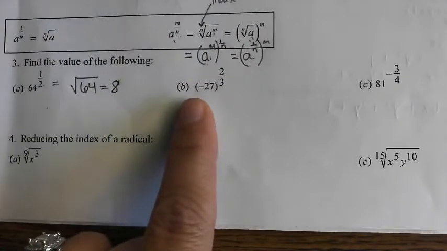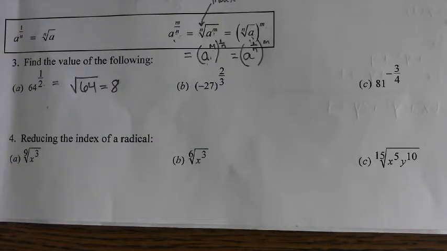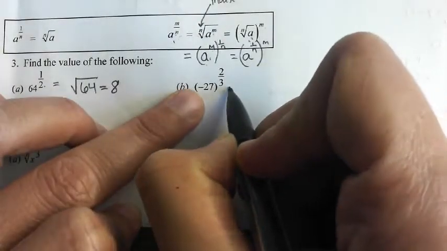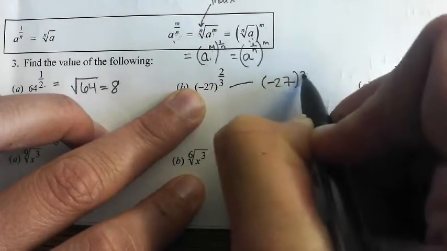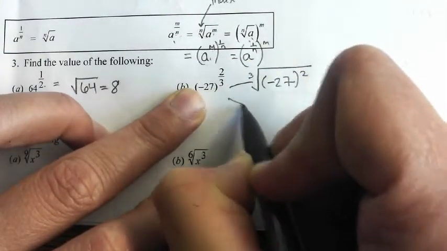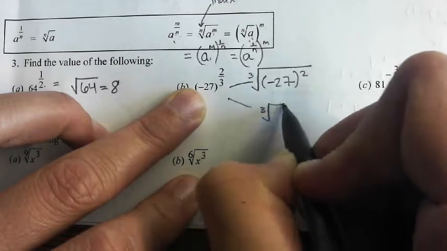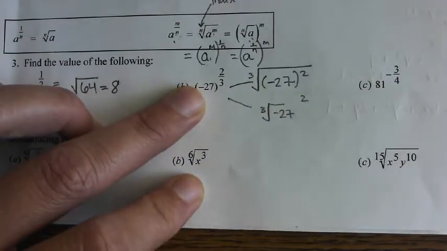But B, if you're raising something to the 2/3 power, again, pretend like you don't have your calculator here. Would it be easier to do -27 squared and then take the cubed root? Or would it be easier to take the cubed root of -27 first and then square the answer? The second one.